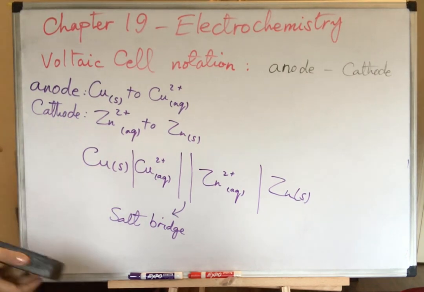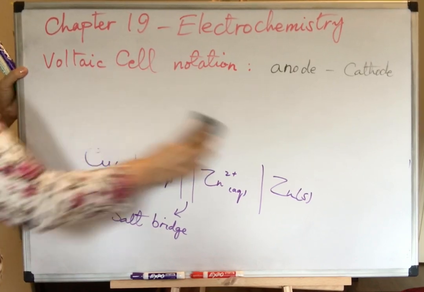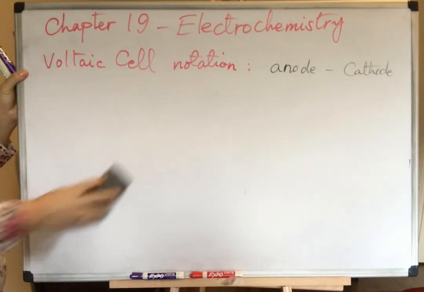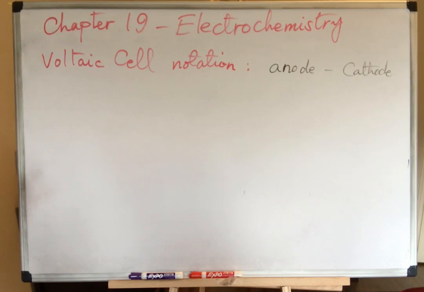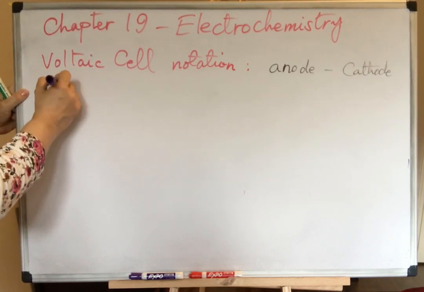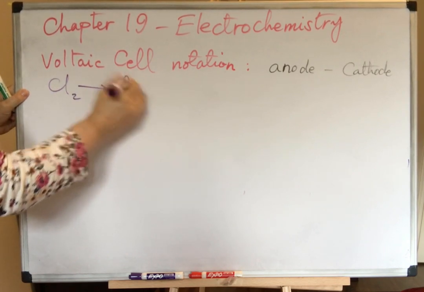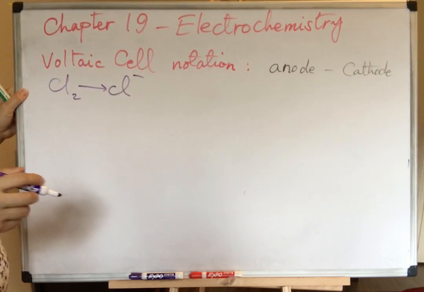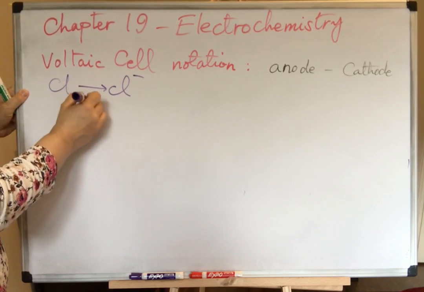Another different type of cell is when you are dealing with a gas. When you have gas involved in the reaction, then you need to use an inert material, a material that does not react easily, such as platinum. So, for example, if the half reaction of chlorine to chloride being reduced, chlorine is gas, right?